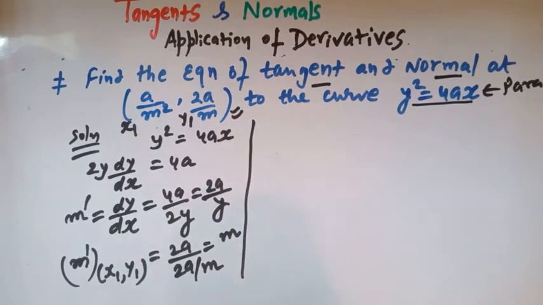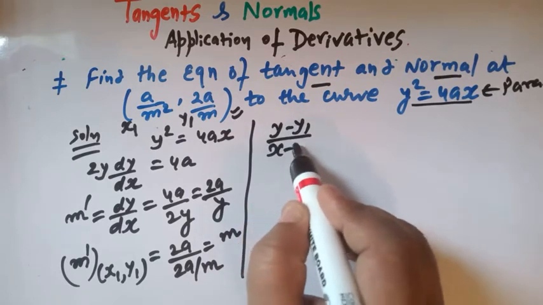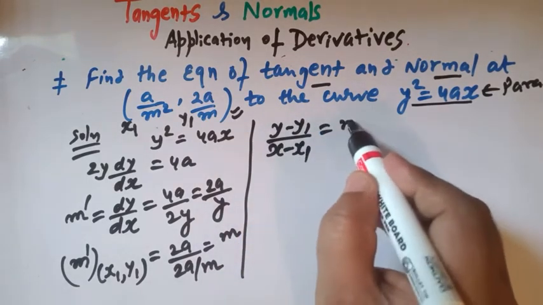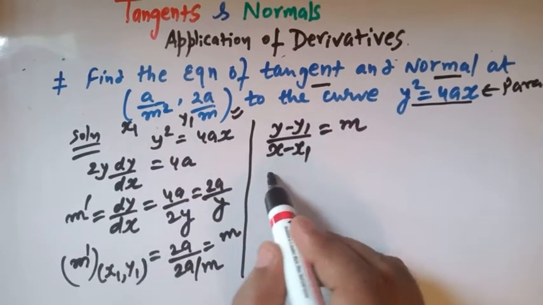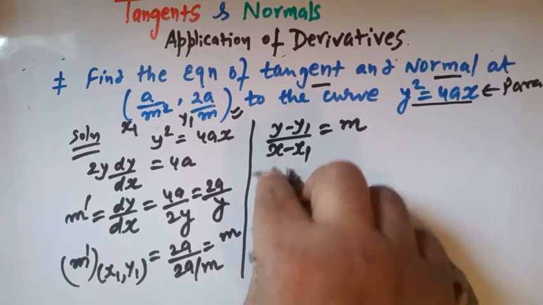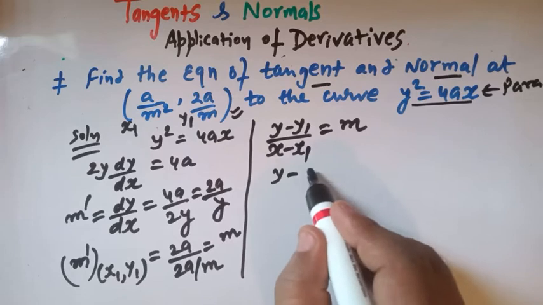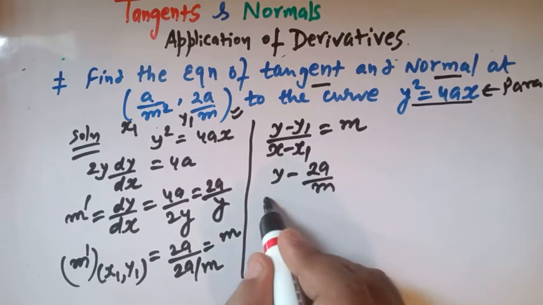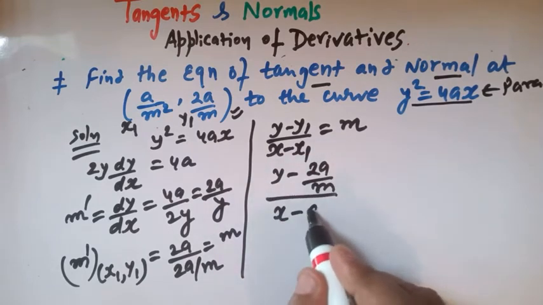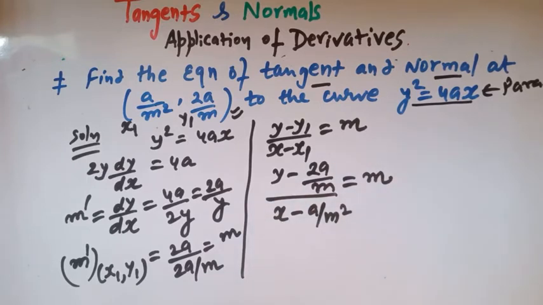Clear? Now the equation of tangent is given by (y minus y1) over (x minus x1) is equal to m. So we'll substitute the values. So we have y minus y1, where y1 is 2a by m, divided by x minus a by m square, is equal to the slope m.